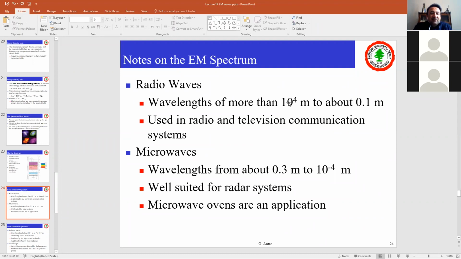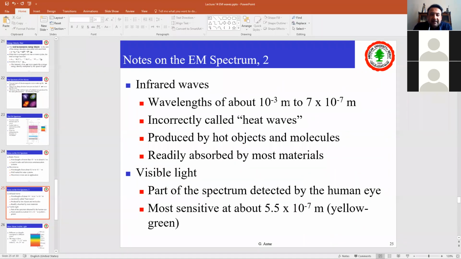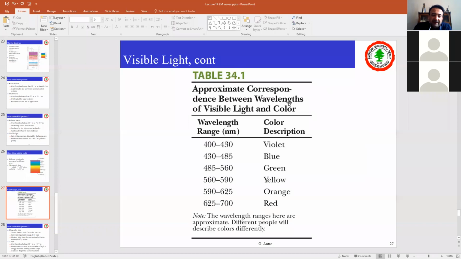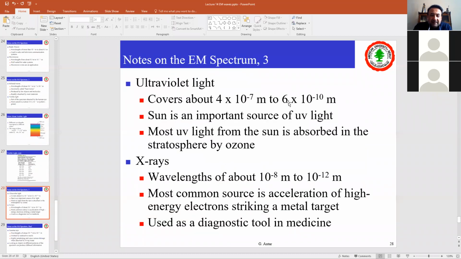If you want to emit radio waves, you have to use Maxwell equations. If you want to design infrared or visible waves, from the blue to the red, passing by the green, those are also electromagnetic waves.